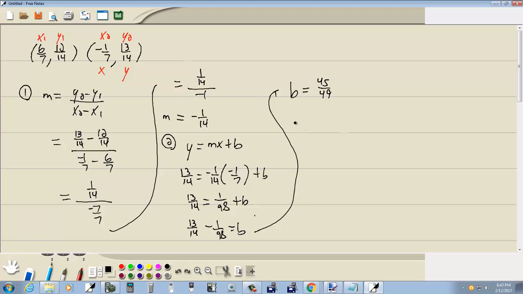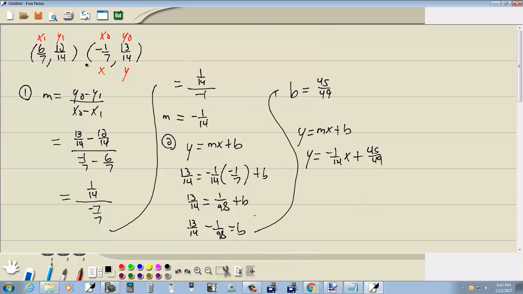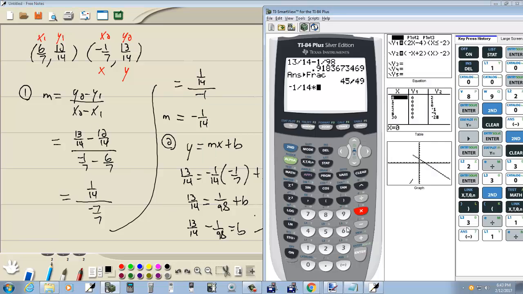45/49. So my answer will be Y is equal to MX plus B. So we'll plug in the M we found, which is negative 1/14, and we'll plug in the B we found, which is 45/49. Now I'm going to test this. I'm going to plug in these X values and see if it gives me the Y value, because it's kind of a nasty fraction. Negative 1 divided by 14 times X. Let's plug in 6/7.